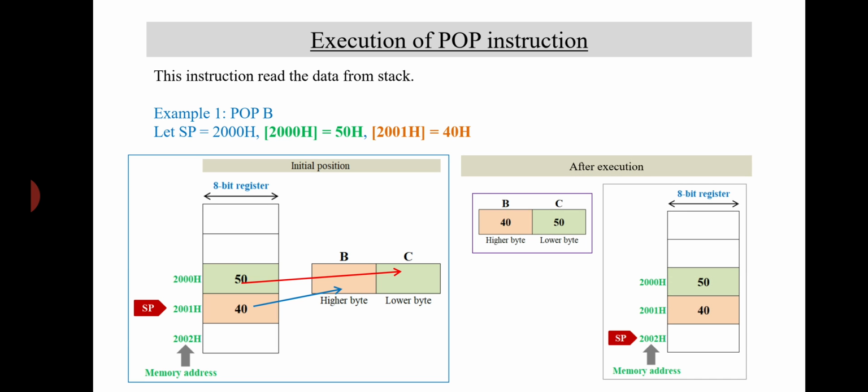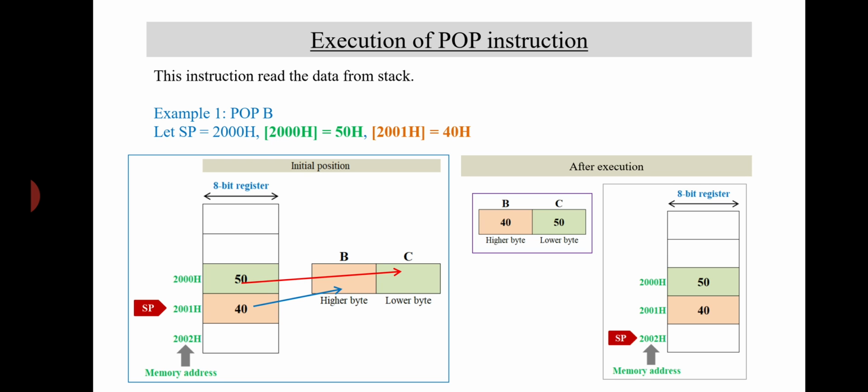After execution, this is the position of the register pair BC, where you can see that the respective numbers have been stored. And the stack pointer will be incremented again, and in the end it will point to the next location, which is 2002.